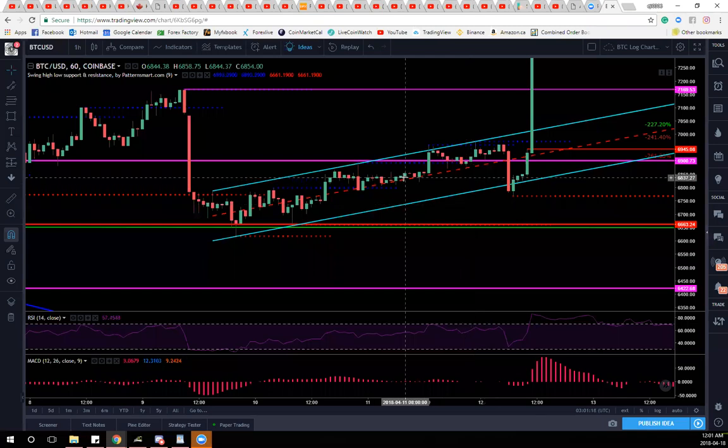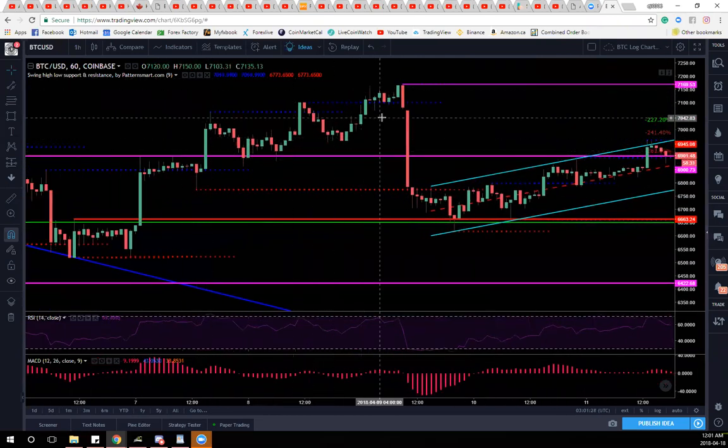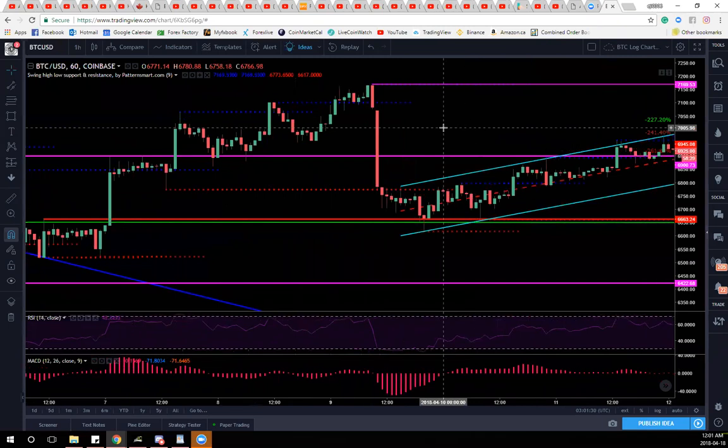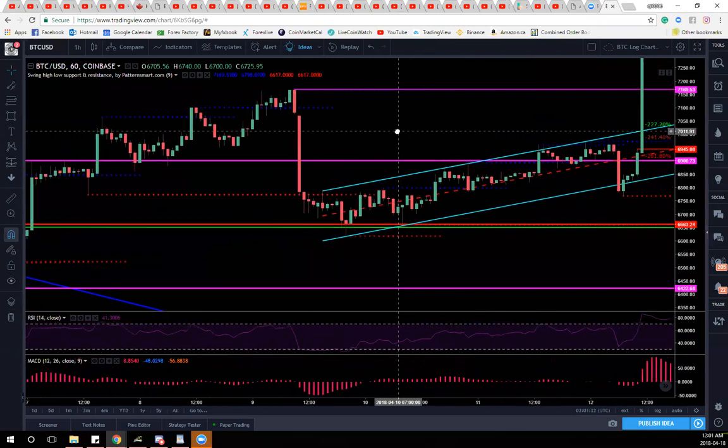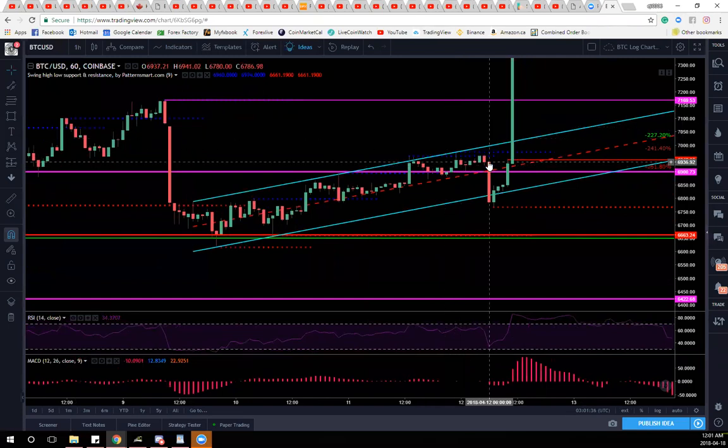Yeah, but like before the red candle. Here? No. Back with the push up, the red candle that brought it down and then it went way back up. Right there, yeah. Before that candle appeared there, would it still be considered a bear flag?